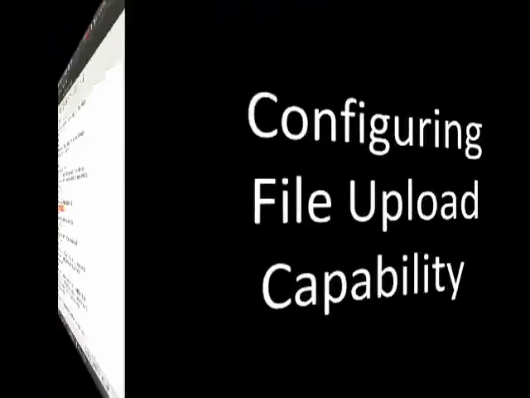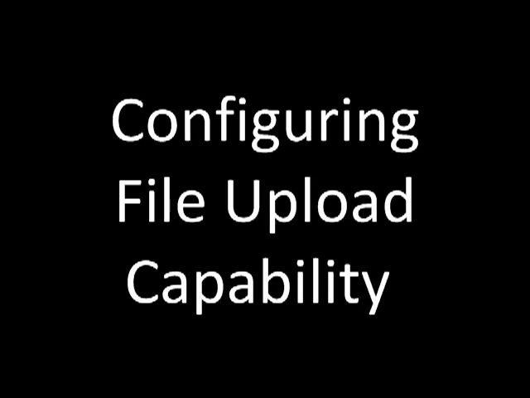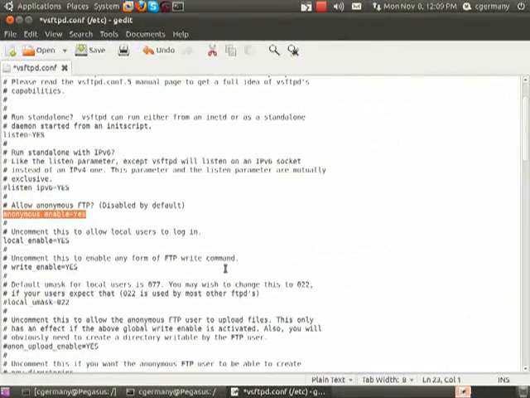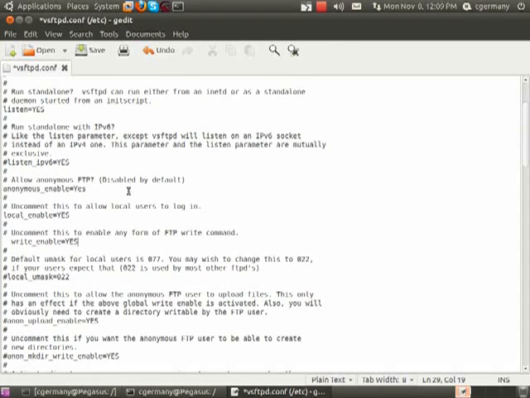And the next thing I want to do is uncomment this line so that users can upload files and make changes. And I'm not going to really enable that for anonymous users, but for authenticated users, yes, I want to enable that. And by default, the FTP daemon will allow any user who has a local logon on the network, who could log into one of our Linux servers or Linux workstations, to also be able to FTP into that server using their same user ID and password.